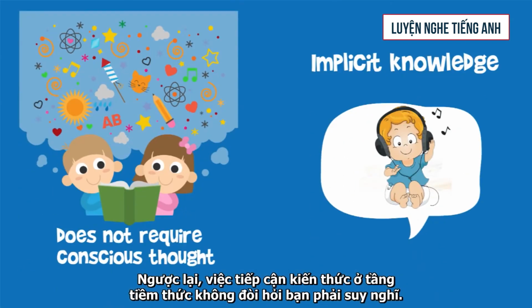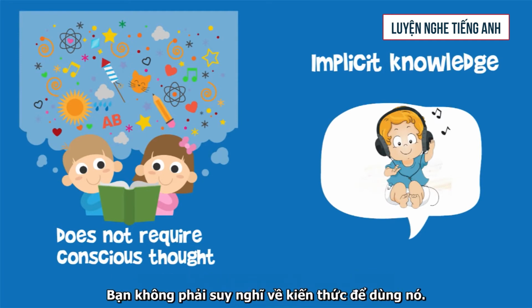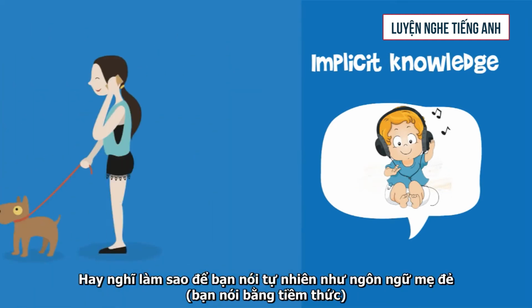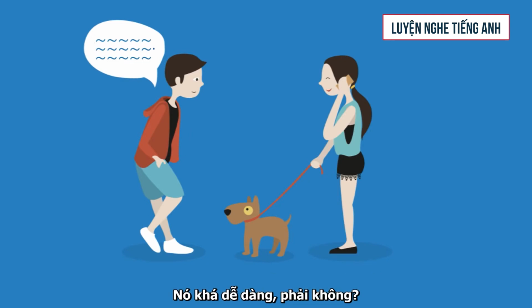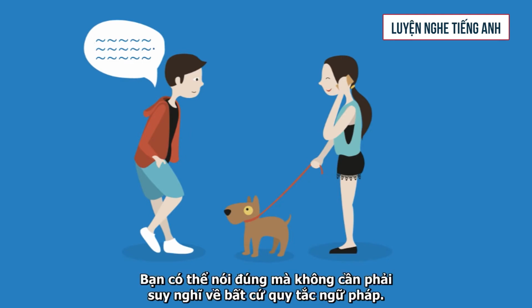In contrast, accessing implicit knowledge does not require conscious thought. You don't have to think about the knowledge in order to use it. Think about how you speak your first language. It's pretty effortless, isn't it? You can speak properly without having to think about any grammar rule.